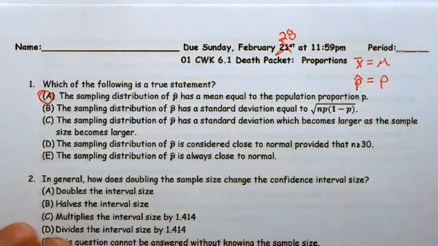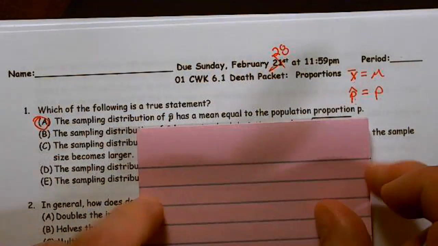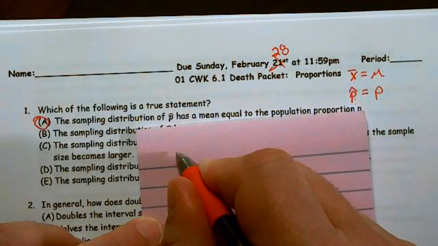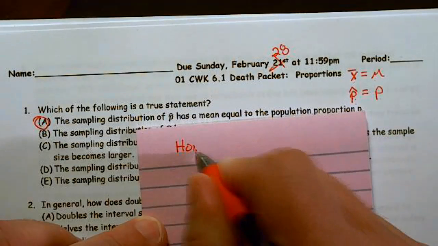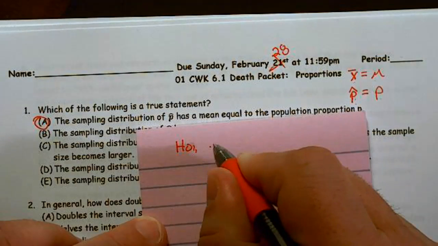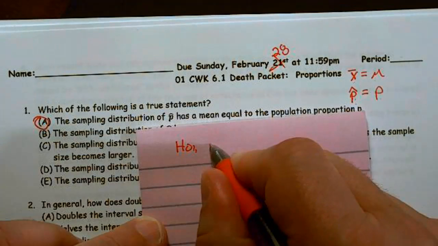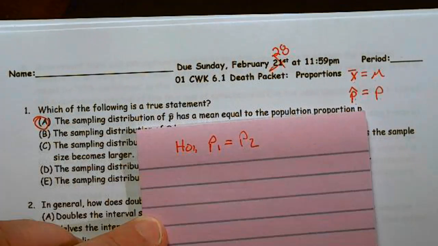All right, now, the reason I was excited that this is being asked, and this is actually a very complex concept. So this concept is extraordinarily complex. But when we do our null hypothesis for proportion, when we do a two sample, we go, all right, P1 equals P2.